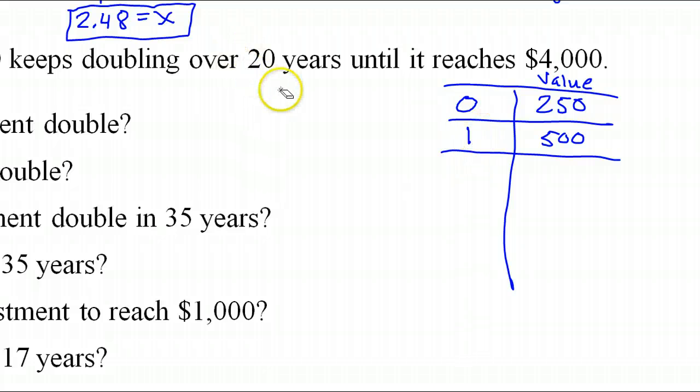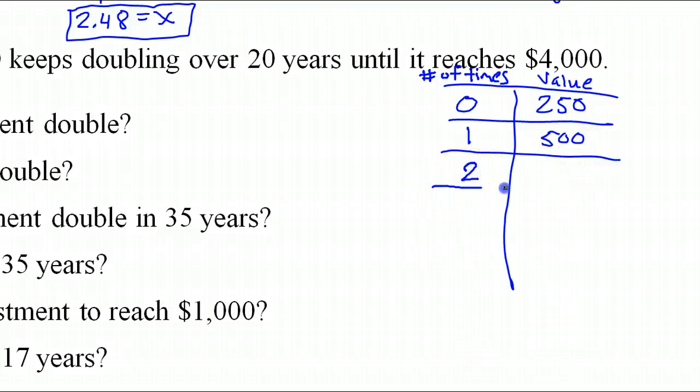So we'll see how much time this turns out to be. Let's see, what should I put here? Number of times. This is just the number of times that it doubles. So we start off at $250. If it doubles once, we're at $500.